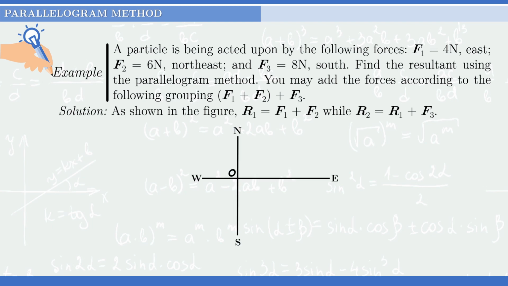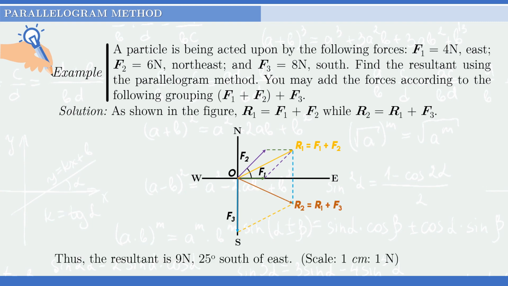As shown in the figure, R1 is equal to F1 plus F2, while R sub 2 is equal to R sub 1 plus F sub 3. Thus, the resultant is 9 Newton, 25 degrees south of east using the scale of 1 centimeter is to 1 Newton.